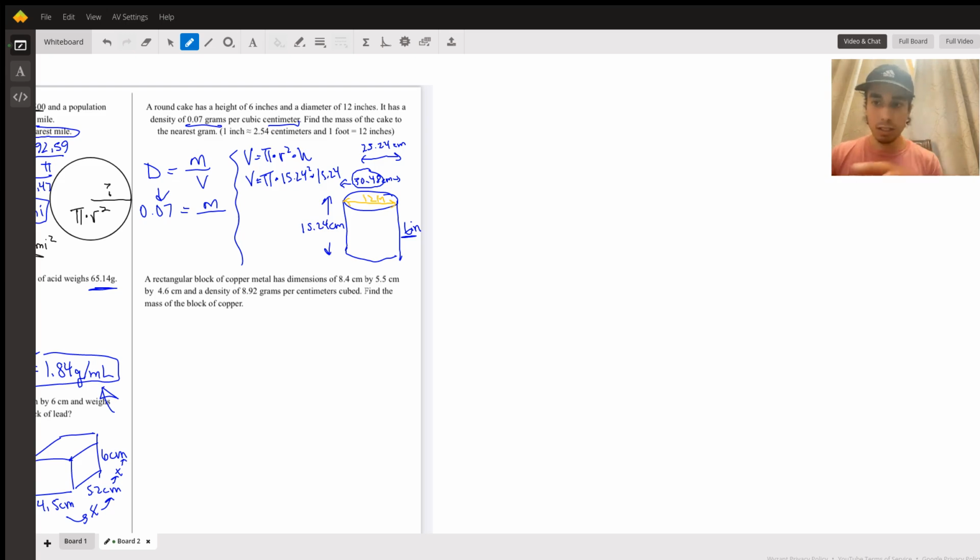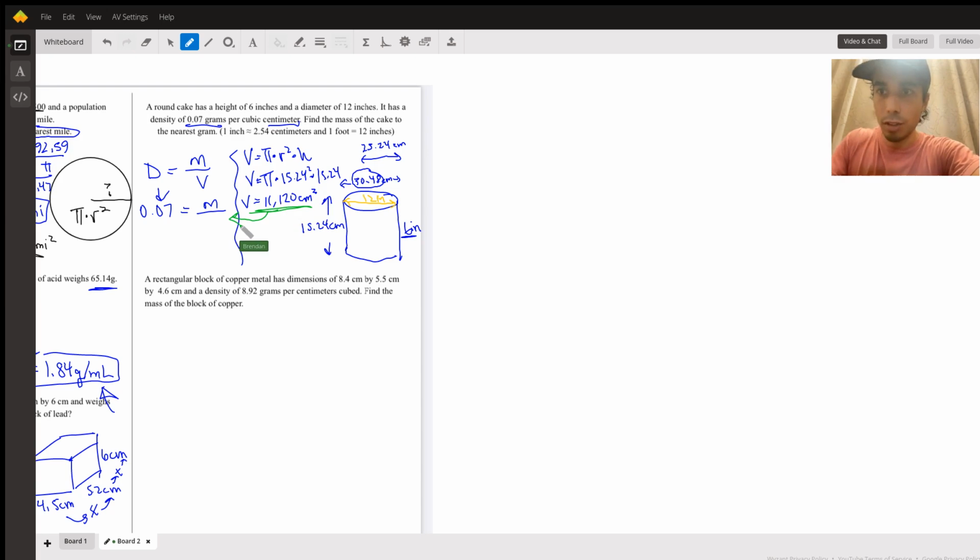So go ahead, punch this into your calculator. That's going to give you a volume of about 11,120. What units are we in? We're in centimeters cubed. There's your volume.